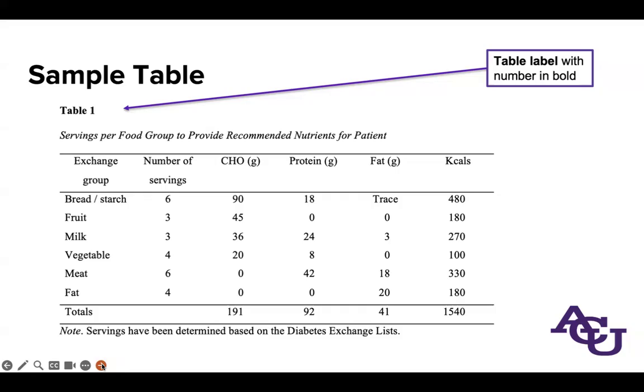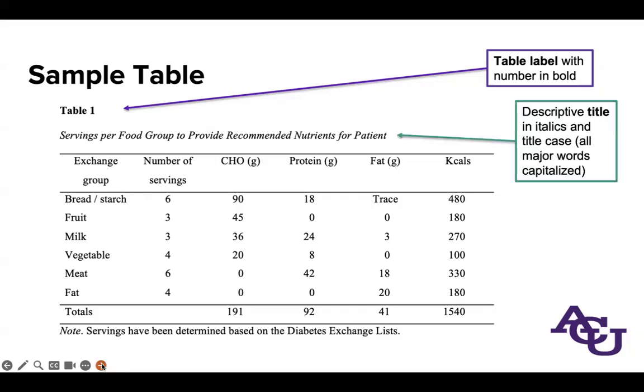So the label and the line under it with the title is double spaced, just like the rest of your paper. The table label is in bold. Then we have a descriptive title, which is in italics, servings per food group to provide recommended nutrients for patients.